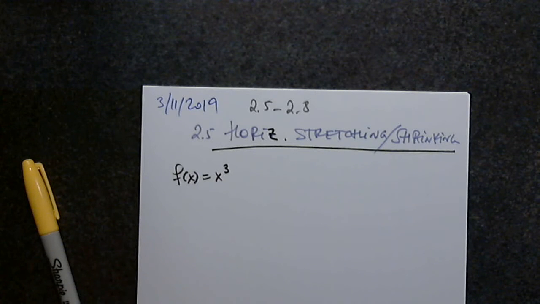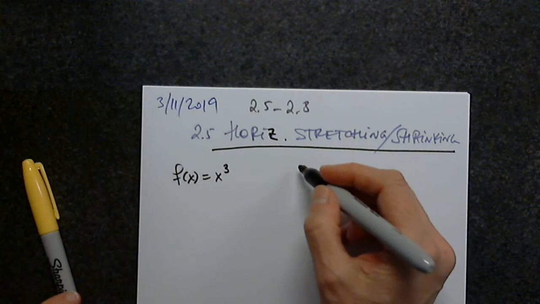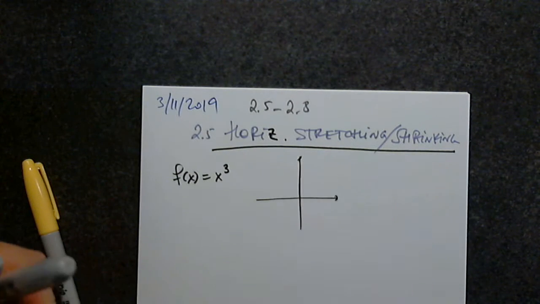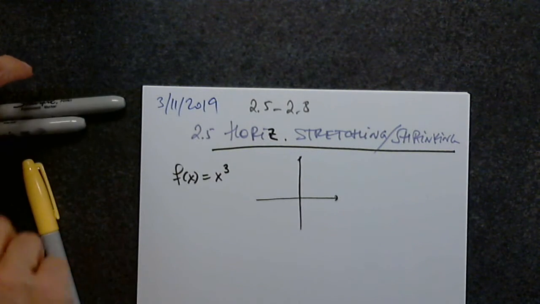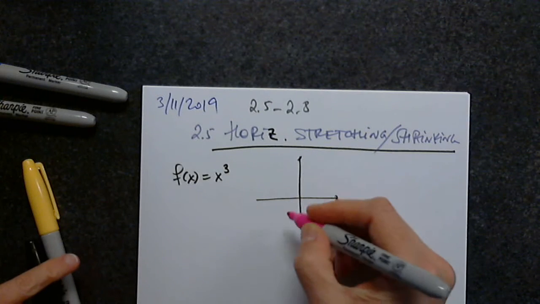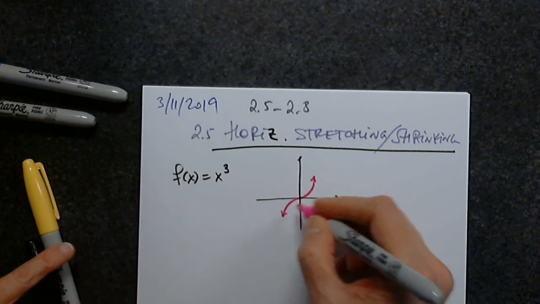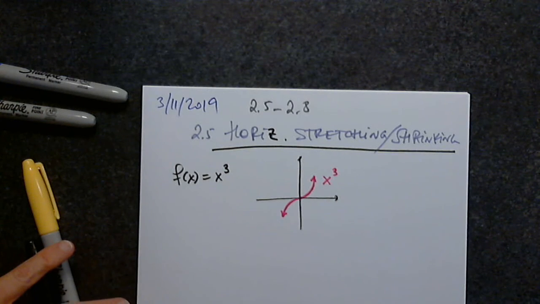So have we seen this function before? Yes. When? Let me refresh your memory. Let me show you how it looks, because we're going to discuss it again in chapter 3. It looks like this. And I know you've seen it because we talked about it a lot.